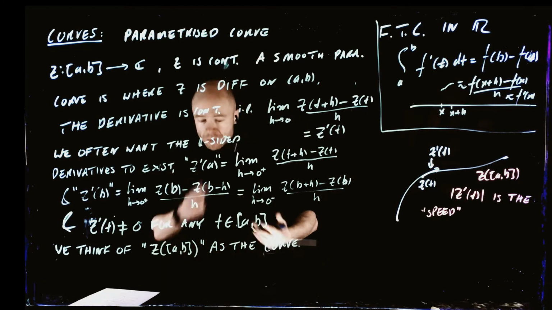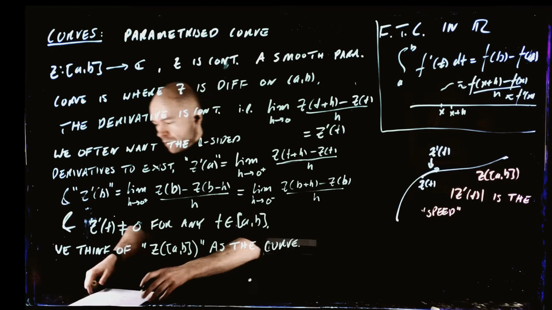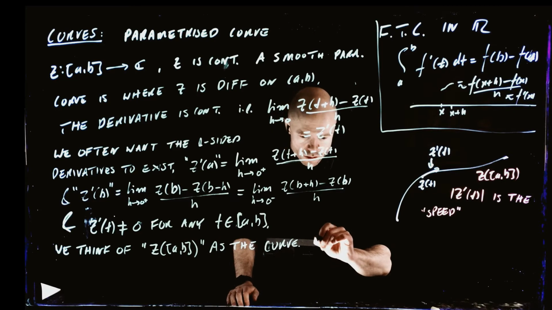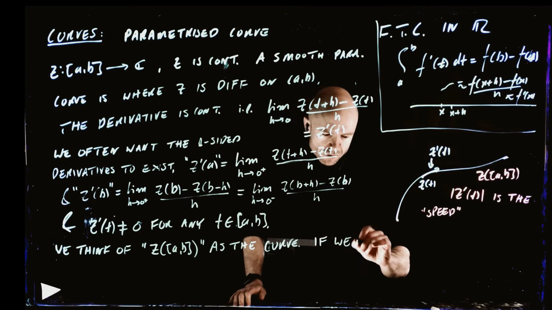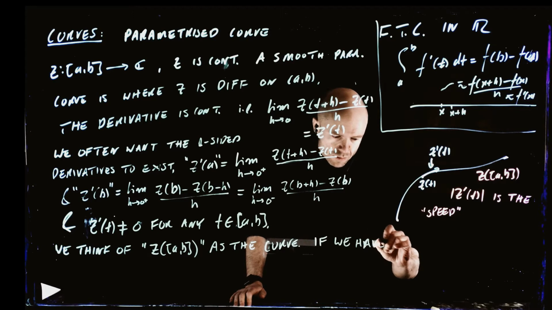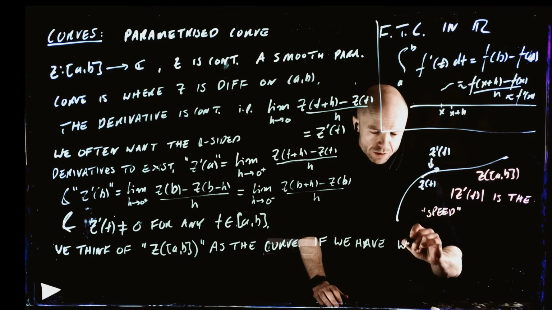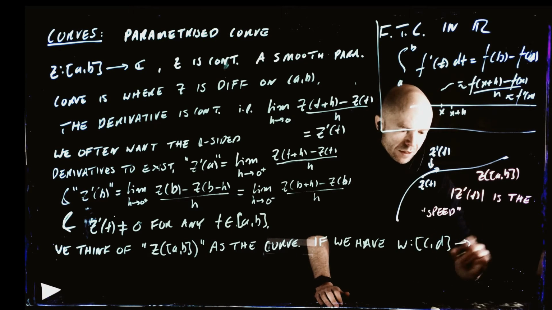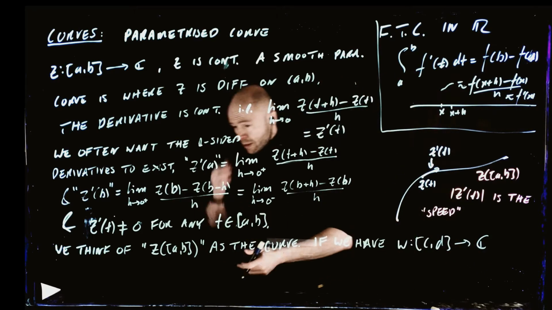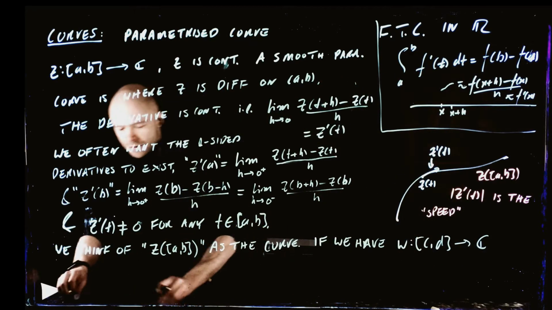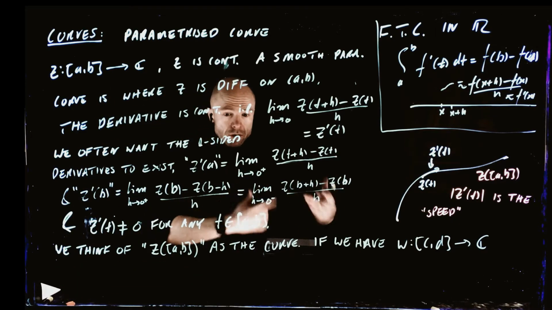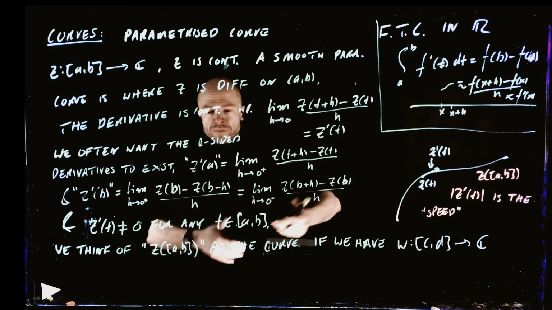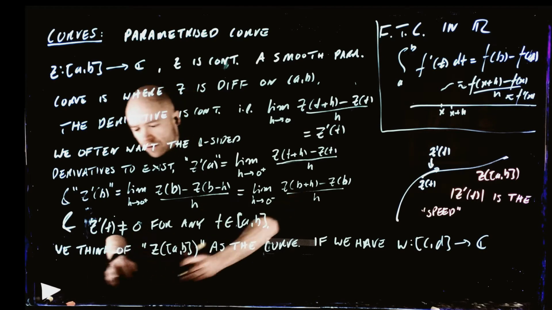Okay, and we want to formalize that in some way, and the natural way is as follows. If we have some other function, say w from c, d into the complex plane, such that the image is the same as this guy, then we'd like to have them be the same in a more precise way. We'd like to say that they are really equivalent, and we will do this in the language of math as follows.